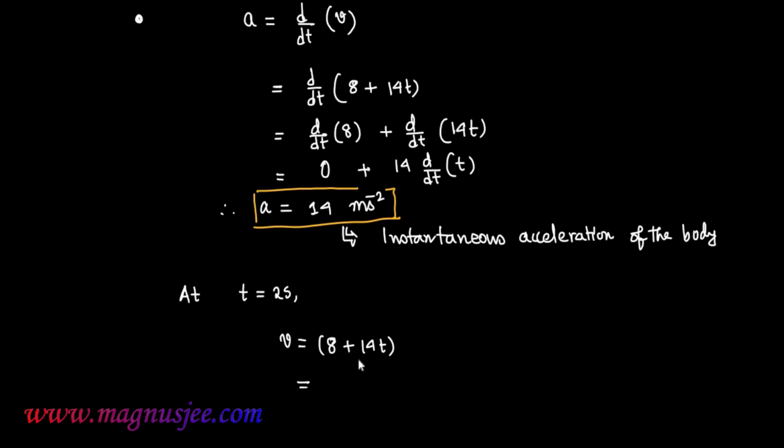So that will be how much? Obviously 36 meter per second. This is the value of velocity at the end of 2 second. In what way? At t equal to 2 second, 8 plus, now putting t as 2 second, 14 times 2, that is 8 plus 28 is 36 meter per second.